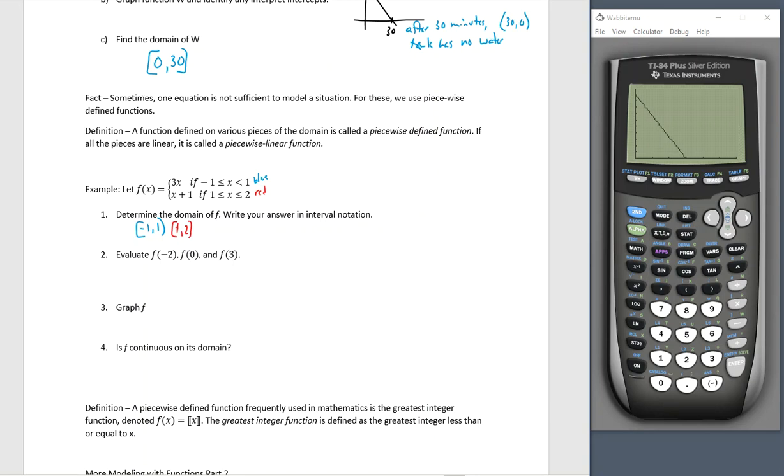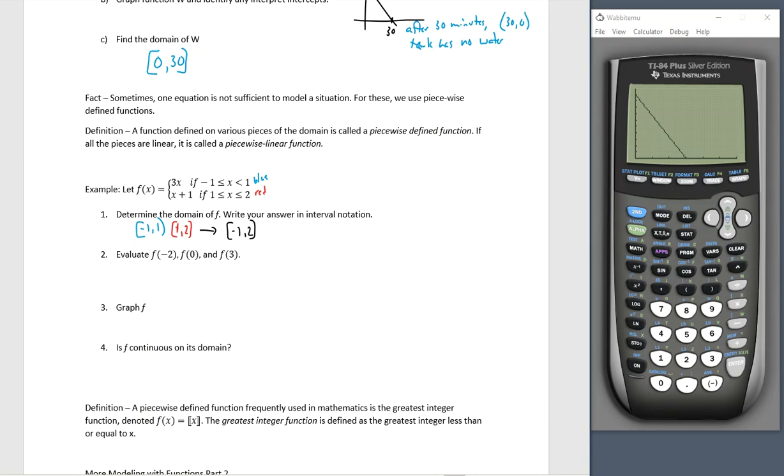So what does that tell me? It tells me overall, if I combine the domains of the individual pieces to get the overall domain, I start at negative 1, I go to 1, I include it, and I move on to 2. So the full domain takes into account everything going on together, whereas the individual domains are the individual pieces.